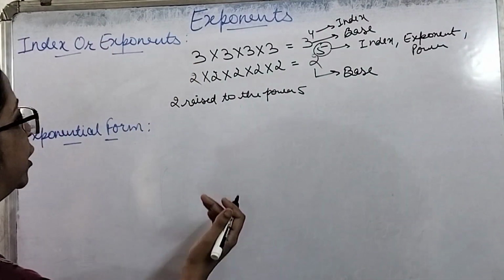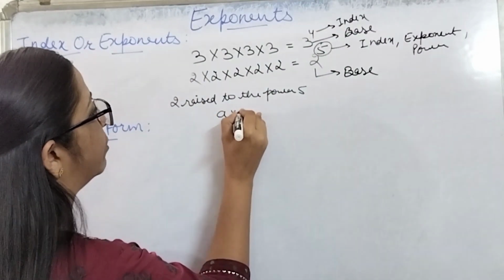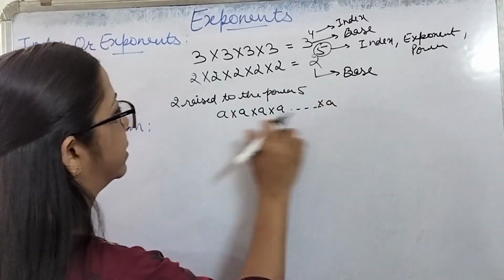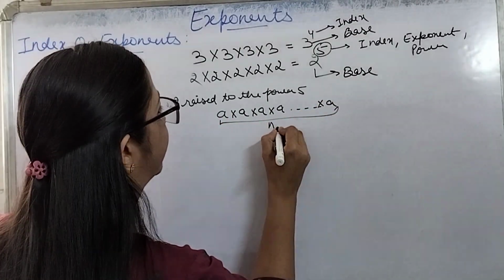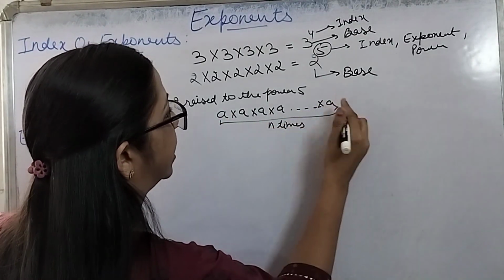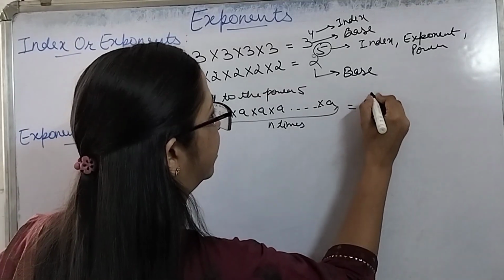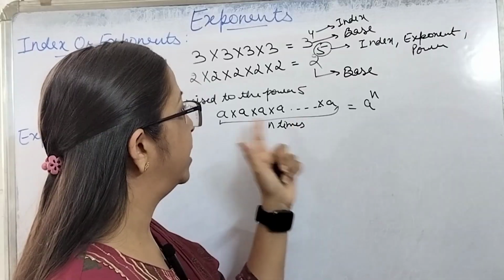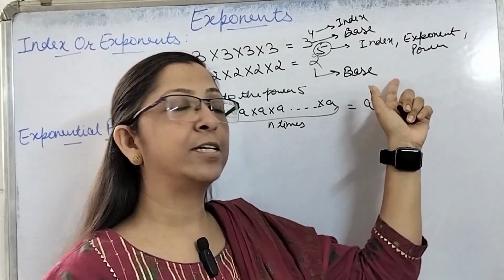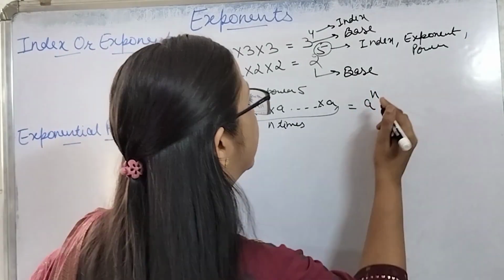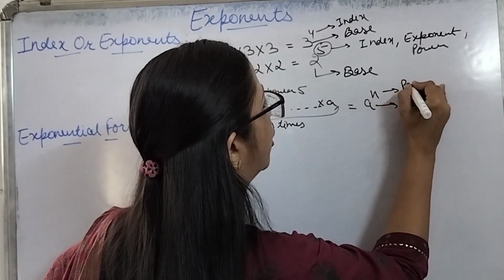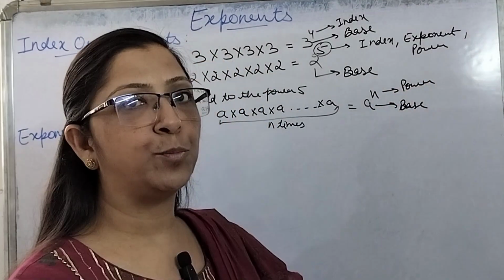Now suppose there is any number a and we multiply this a n number of times. Then how can we write it? It can be written as a raised to the power n, because n times we have multiplied this a. Here a is the base and n is the power or the index or the exponent.